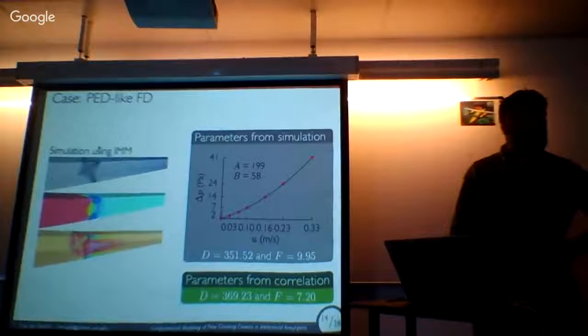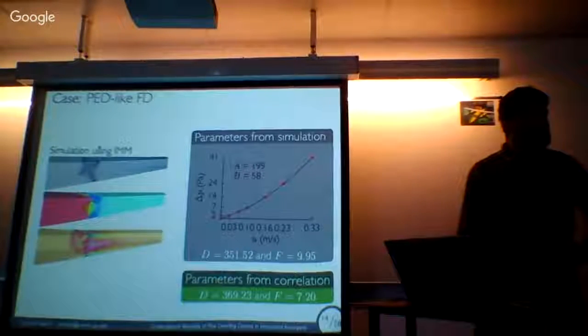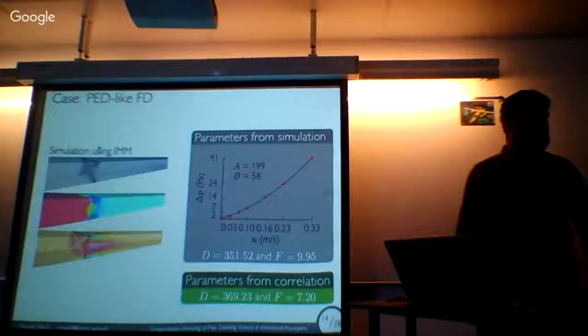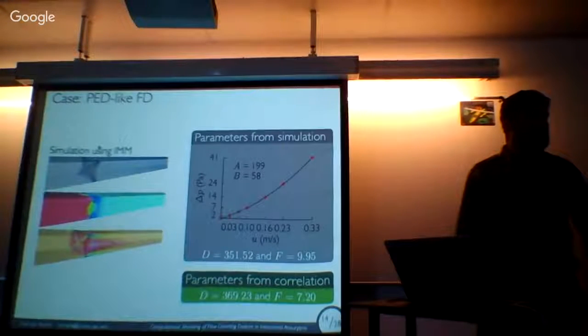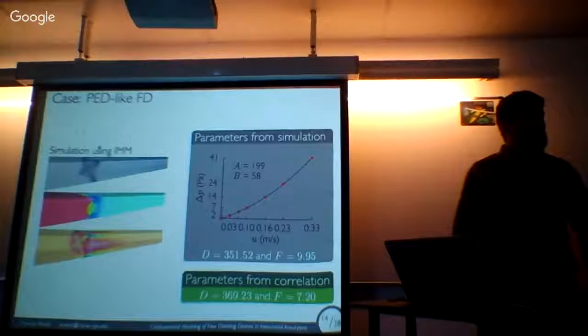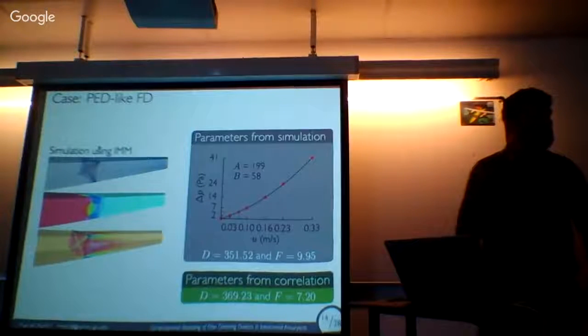And the other question is, when you do your simulation, is it steady state or what type of solver do you use? It's pulsated with a couple of cycles. But you get a steady state or you get just a dynamic solution?